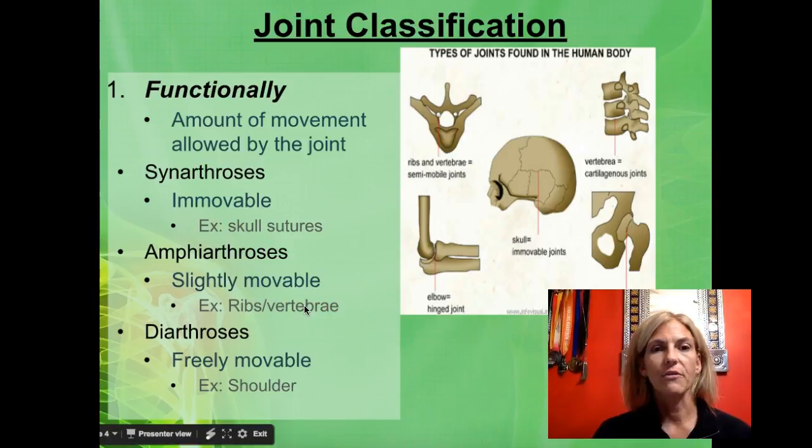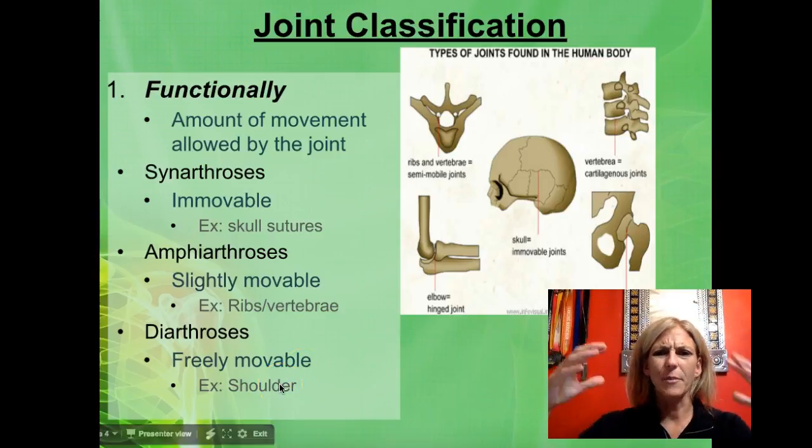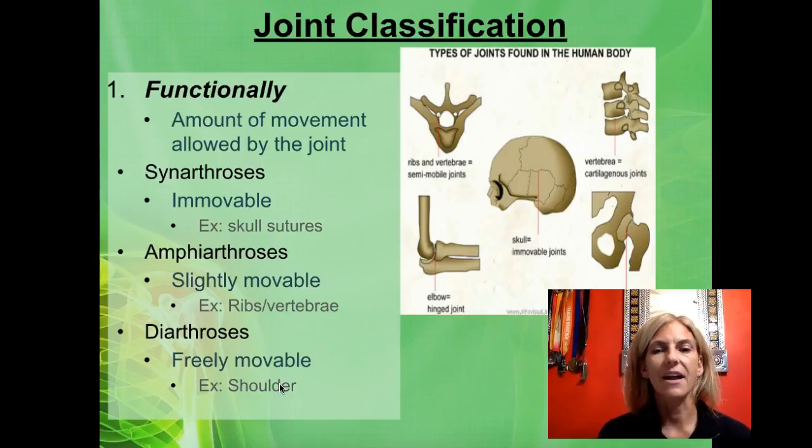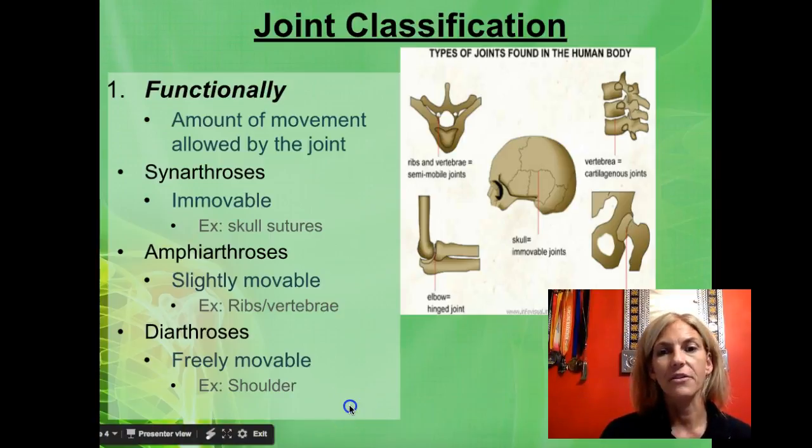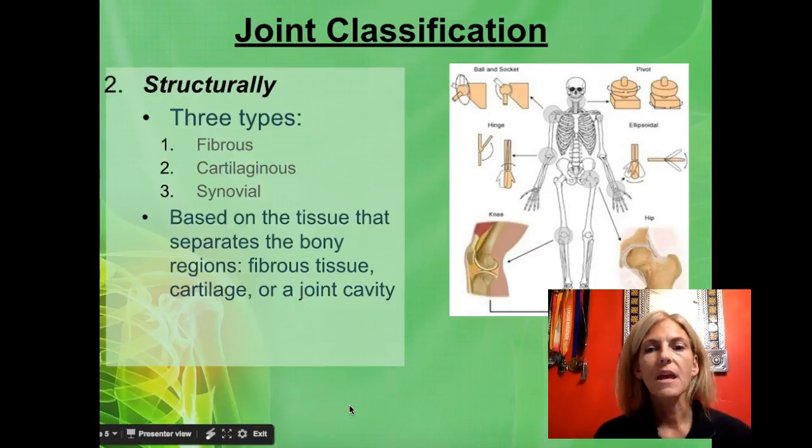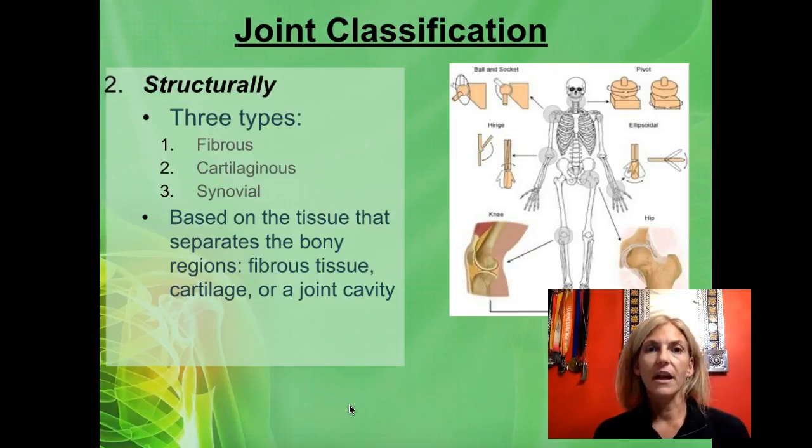Your vertebrae move just a little bit in between each other as well. Diarthrotic joints move a lot. All of those in your appendages are diarthrotic joints. So your elbow, your hip, your shoulder, even in between your fingers are diarthrotic joints. So the arthroses are classifying according to the degree of movement, in other words, according to their function.